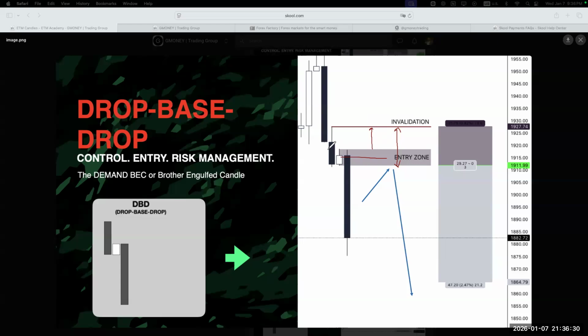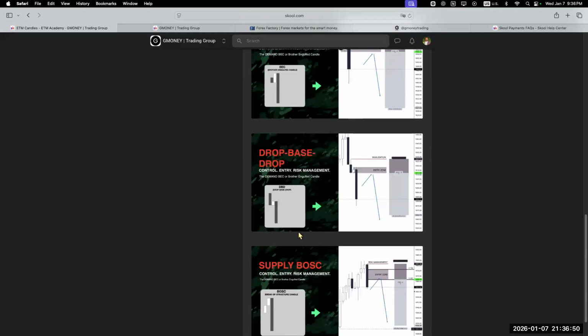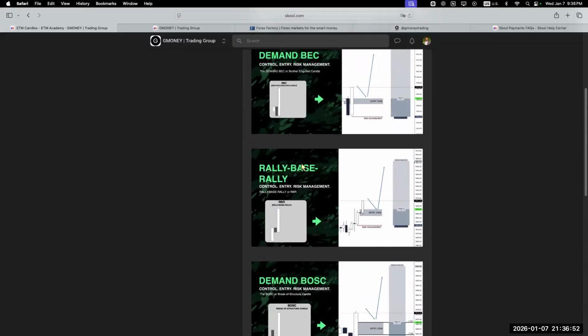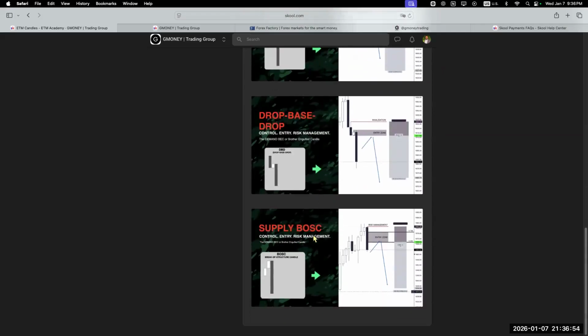It's technically a drop, then a base or equilibrium, and then a drop. The market comes back and then does this. So this is the ETM pattern, and we have three bullish ones and three bearish ones.